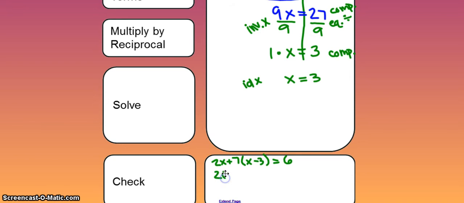So we get 2 times 3 plus 7 times 3 minus 3 equals 6. Well, 3 minus 3 is 0, so we get 2 times 3 plus 7 times 0 equals 6. 2 times 3 is 6. 7 times 0 is 0. So that equals 6. Well, yes, 6 equals 6.